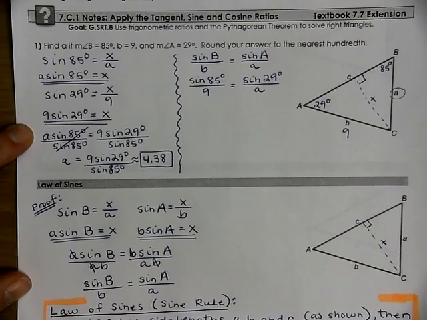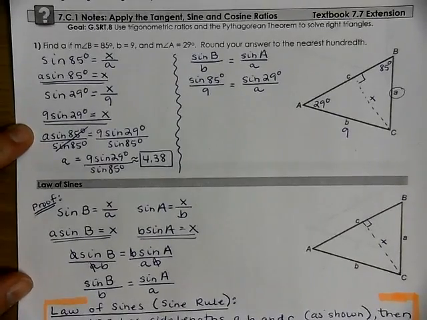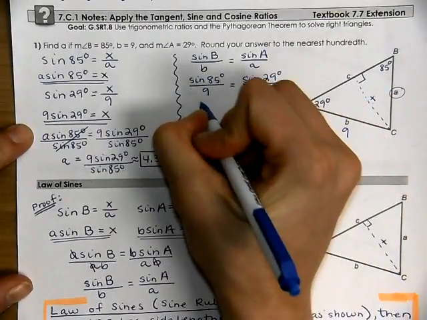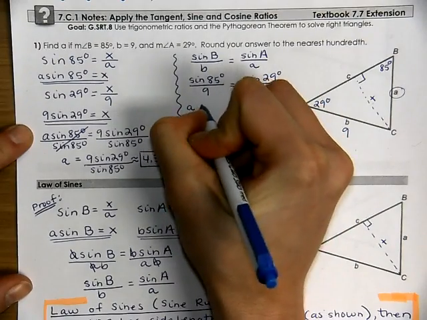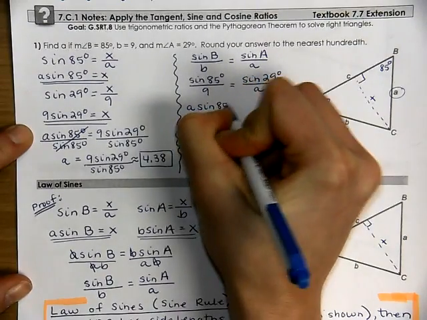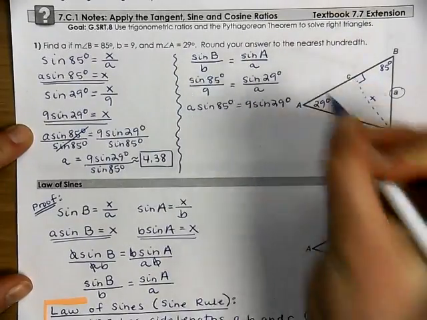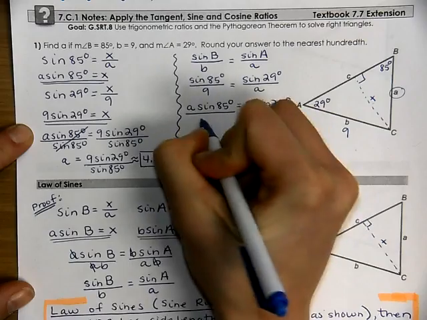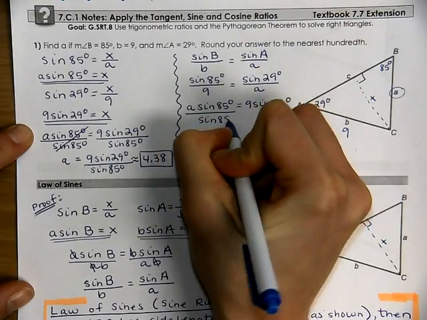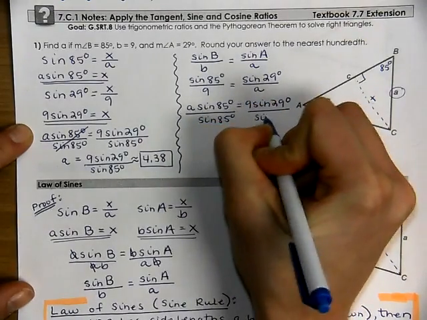We can solve this like we solve other proportions: multiply both sides by a and both sides by 9, and we will no longer have fractions. When we do that, we get a sine of 85 degrees is equal to 9 sine of 29 degrees. Solving for a, we just need to divide both sides by sine of 85 degrees.